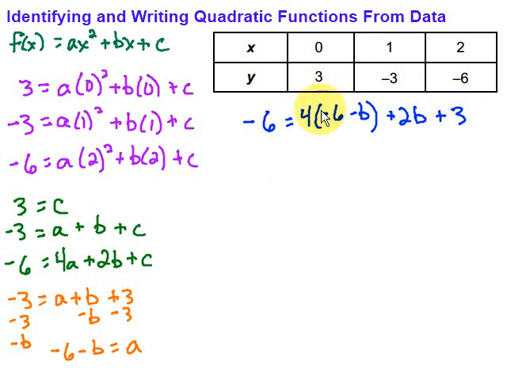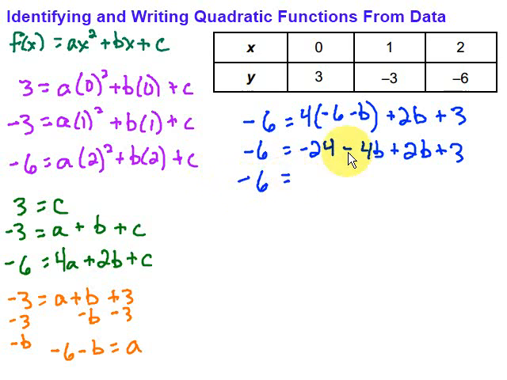Alright, so we got to clean up a little bit, distribute. And then we'll combine like terms. So we've got negative 24 plus 3. It's going to make that negative 21.